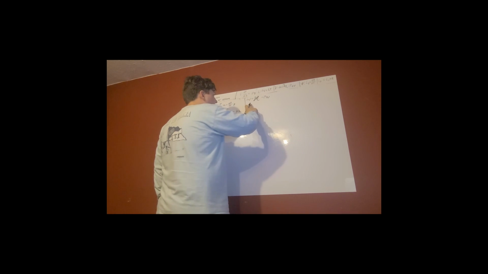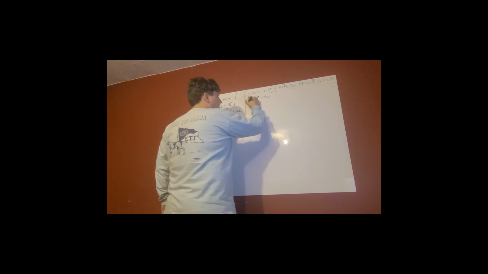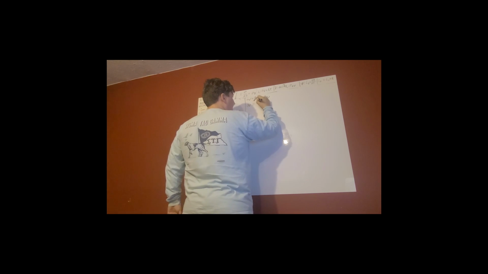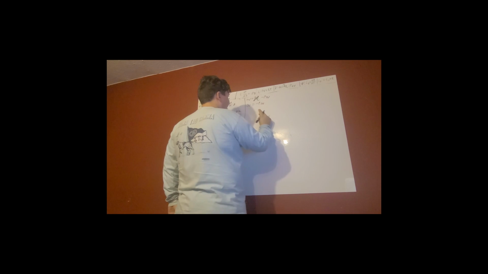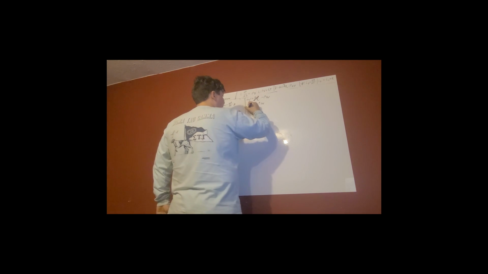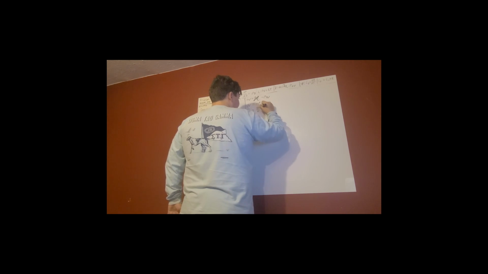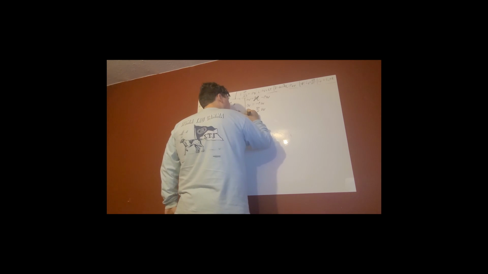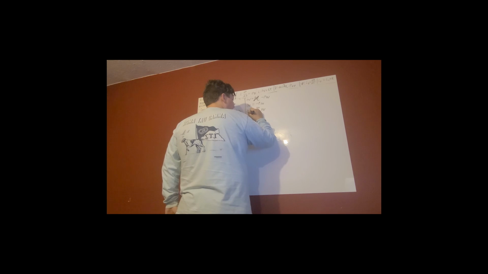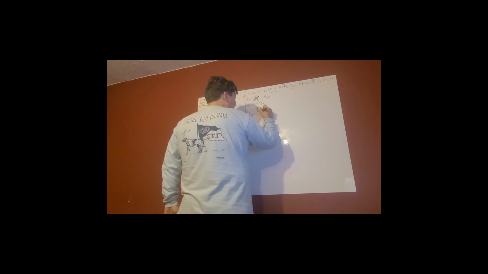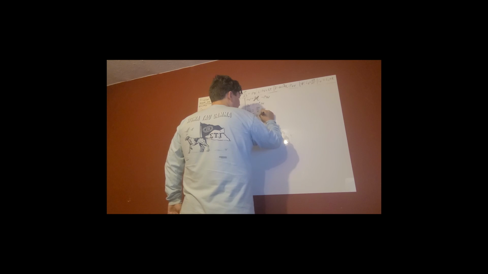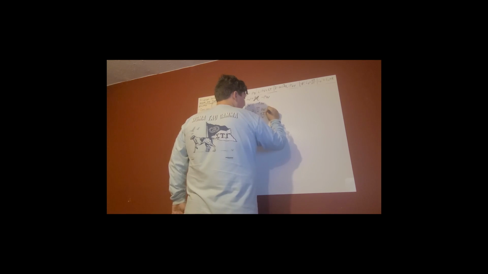But the dU, so that means that dU is actually just equal to negative P dV. P we can replace using this, so we get dU is equal to negative RT over V dV. And then we can actually rewrite dU as Cv dT is equal to negative RT over V dV.